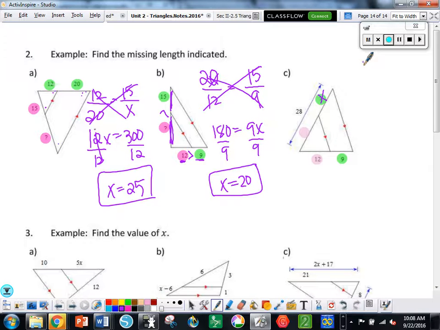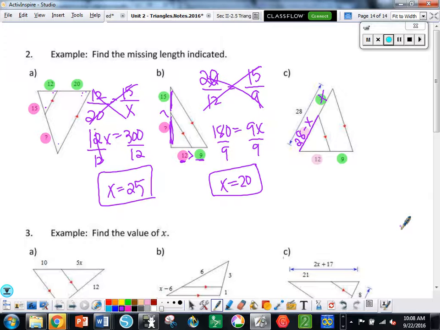Now, if the entire thing is 28, am I getting rid of x or am I adding x? The whole thing's 28. I'm subtracting x away from it. This piece right here would be, now, what am I starting with, 28, or am I starting with x? The whole thing is 28. I'm taking off x. That would be that little piece right there.